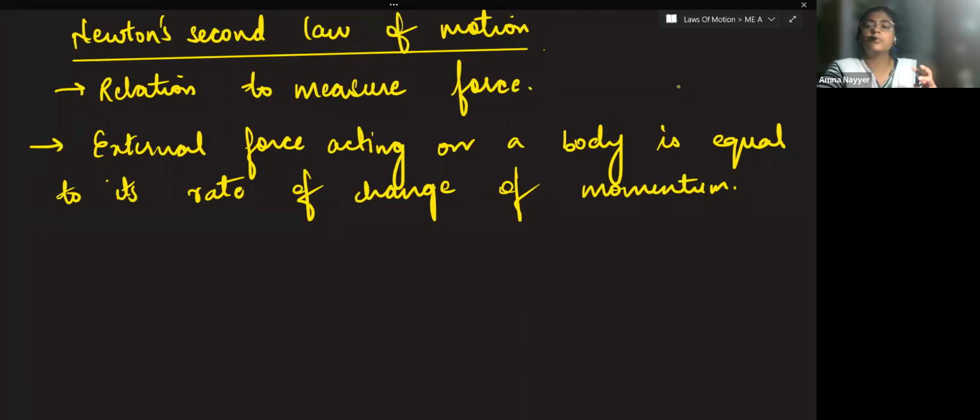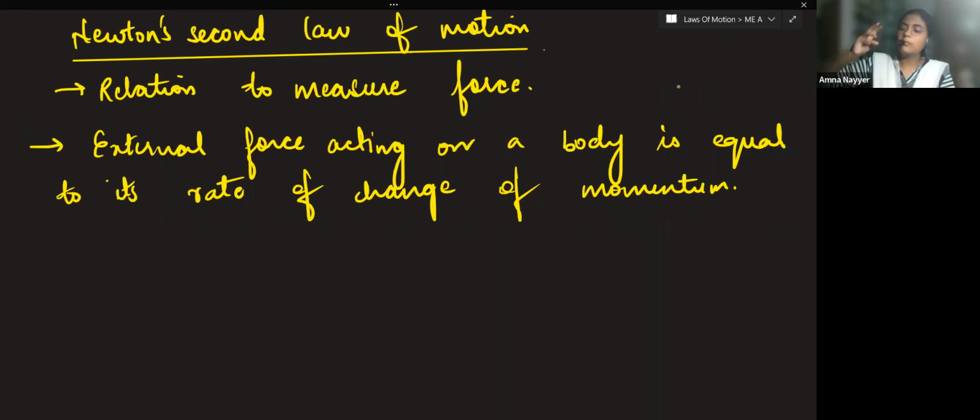Something is changing with respect to time: for a duration of 1 second, something occurs, after 1 to 2 seconds another quantity occurs, and so on. For better understanding and remembering for your exam, you can remember it directly as dividing by time. So rate of change of momentum means dividing momentum by time.